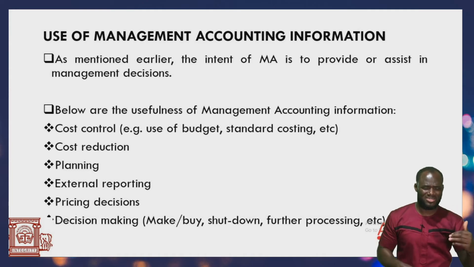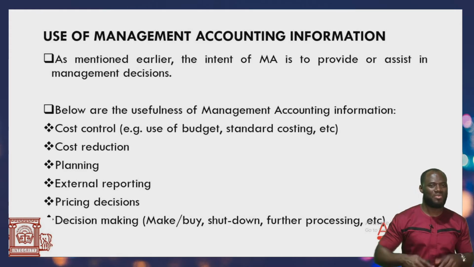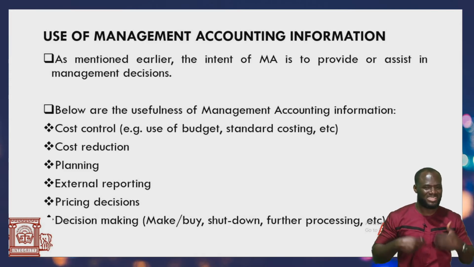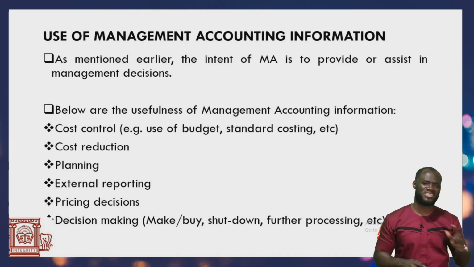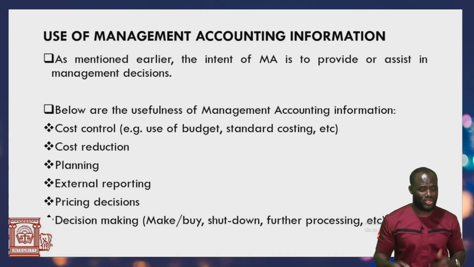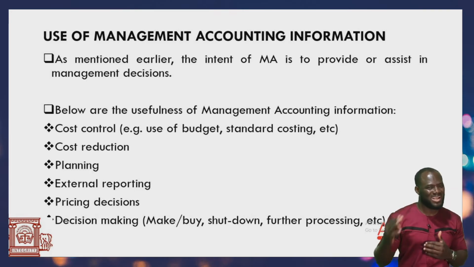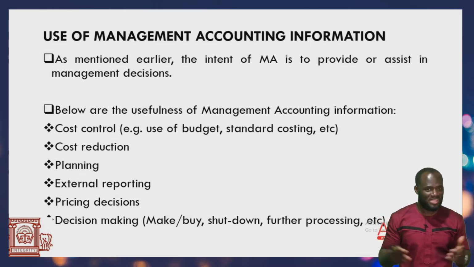So cost accounting information feeds management accounting, and management accounting information feeds the financial reporting purpose of the financial accountant. So before the financial accountant can report externally, he or she requires data or a summary of activities and decisions that are made by management. But of course, management cannot make those decisions if the management accountant has not reported accordingly. Okay, so the outcome of the management accounting information, based on which management make decisions, is what the financial accountant is reporting in the form of a summary by way of financial statements.